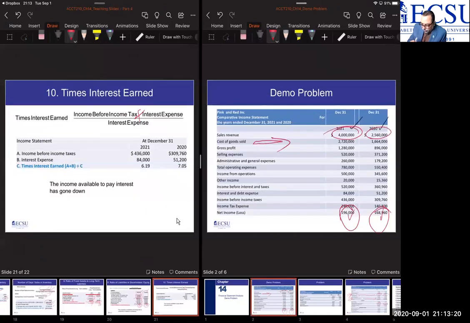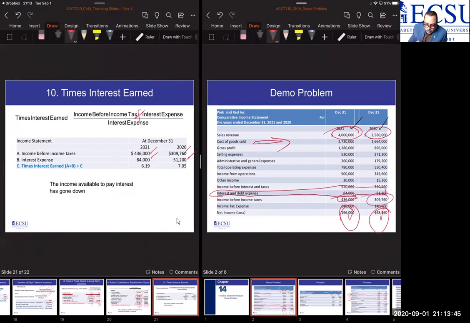Here we have interest and debt expense of 84,000 and 51,200. So that is the interest. Income before income tax was 436 and 309,760. So that is given to you.